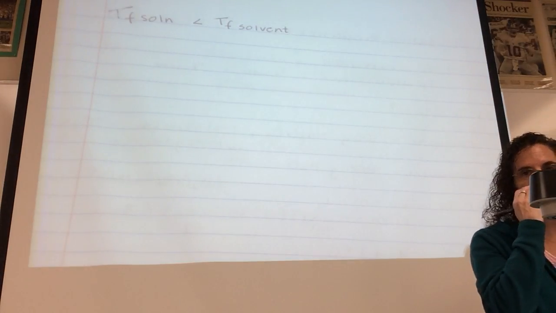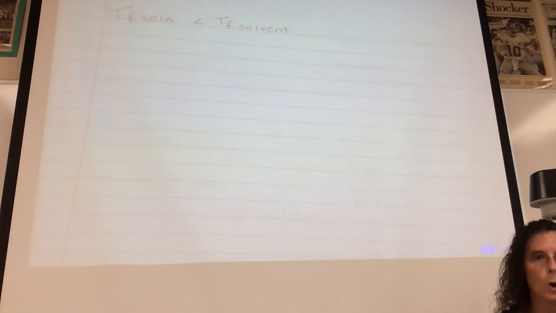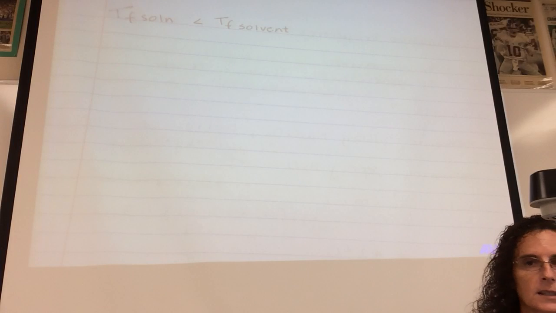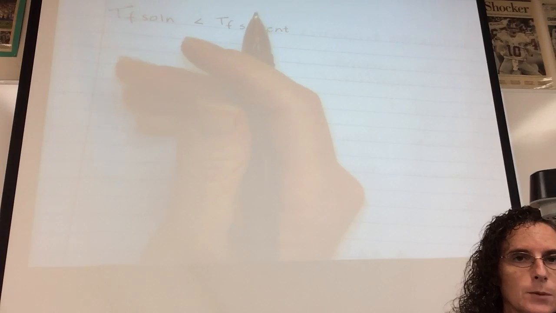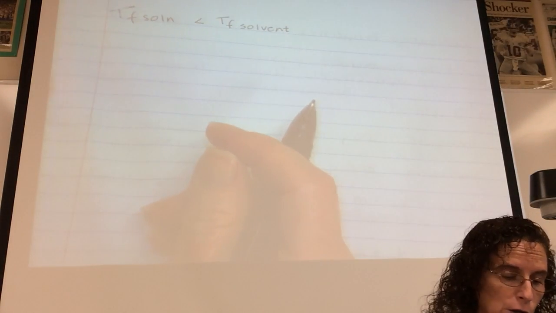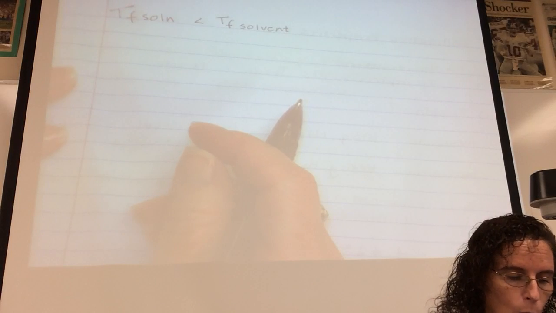And that's because when you add solute to solvent, it becomes more difficult to form intermolecular forces in order for the substance or solution now to freeze. So the freezing point of the solution gets depressed or lowered.